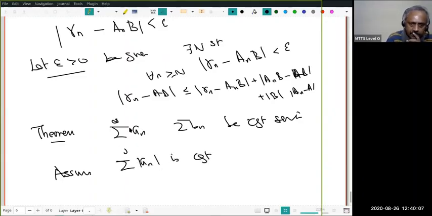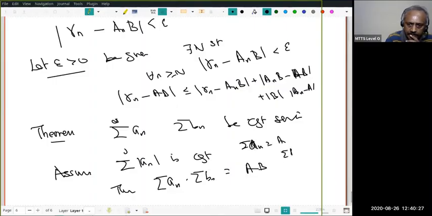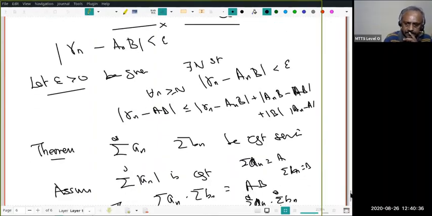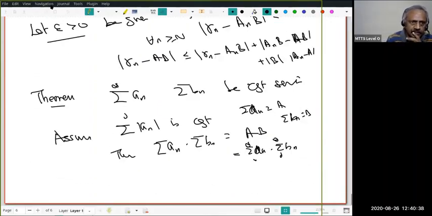Okay, that means, if you know absolute convergence, assume summation a_n is absolutely convergent and summation b_n is convergent. Then automatically summation a_n is convergent. Okay, then the Cauchy product is AB. Assume that summation a_n equals A, summation b_n equals B. Okay, this is summation a_n into summation b_n, 0 to infinity, 0 to infinity.